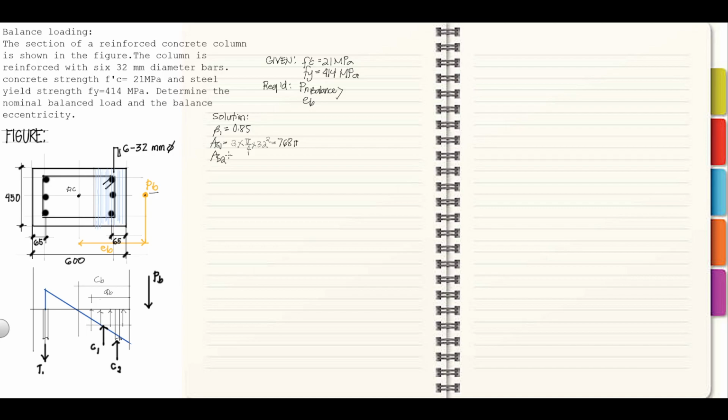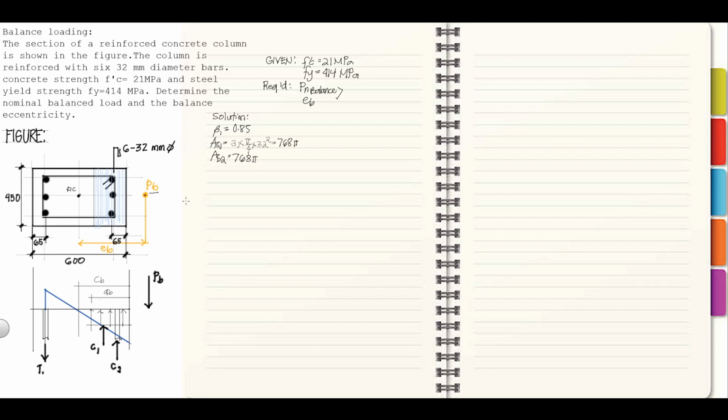Ang AS2 naman natin, yan yung area dun sa compressive side. Okay? Dun magagaling ating C2. Okay? So, that is also 768 pi. Bakit 768 pi? Dahil tatlo rin naman yan. Alright? Okay, next.